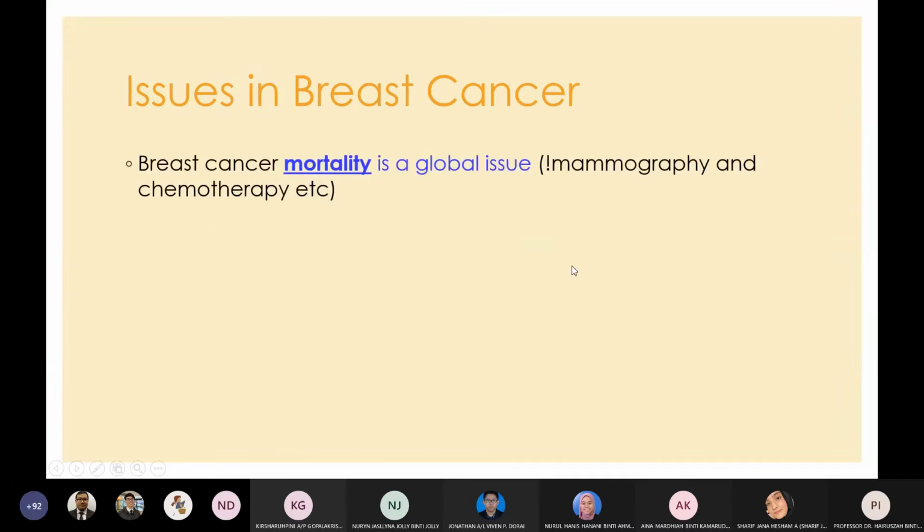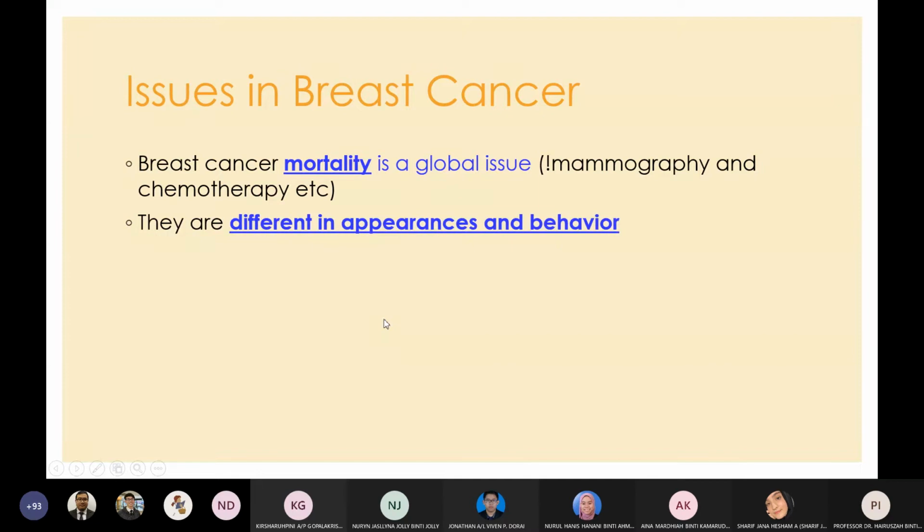Okay, breast cancer is a common issue globally, worldwide. It still presents as one of the highest cancer mortalities, despite mammography as a screening program practiced quite widely, and also quite a good regime of chemotherapy for those patients who respond.